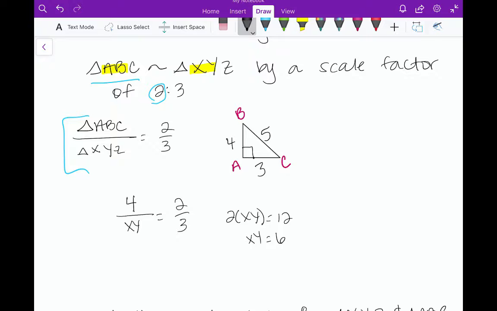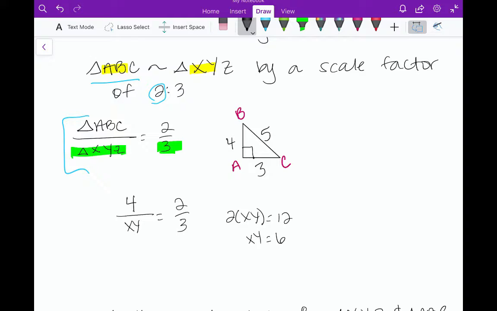So that's one of my values. Now I can tell that my original triangle is a right triangle, so my new triangle is going to be a right triangle because the angles are congruent. Also, which triangle is bigger, ABC or XYZ? ABC is smaller because the bigger number goes with XYZ.